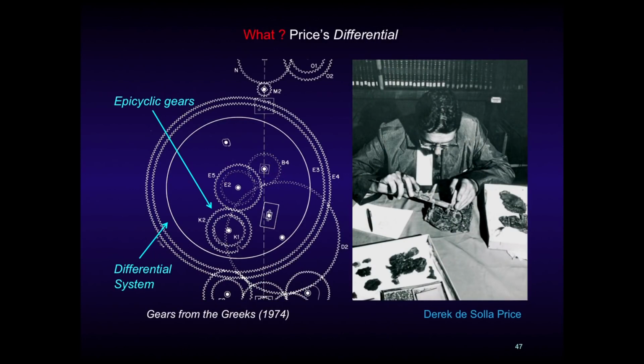Price also looked at the gears at the back of the mechanism. And you'll notice there are two large gears, E3, E4. And on them sit two epicyclic gears, K1, K2. Well, why do we use epicyclic gears in gearing?